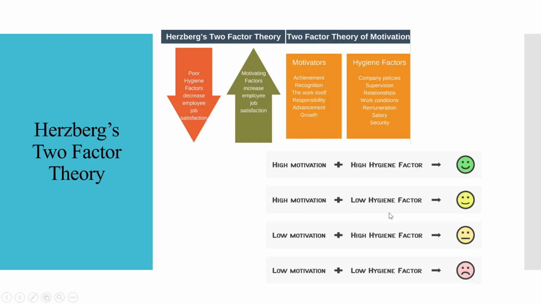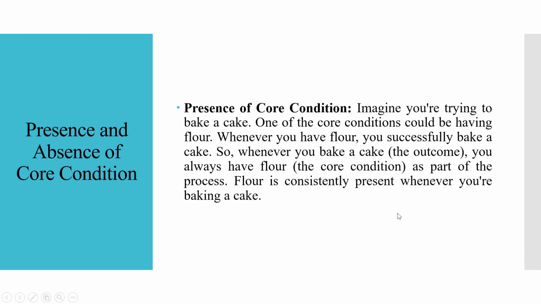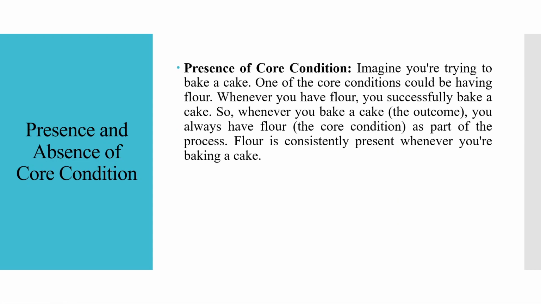High motivation, low hygiene factor, again, can lead to job satisfaction, but the absence of these two can decrease job satisfaction. So the entire thing is about presence and absence.